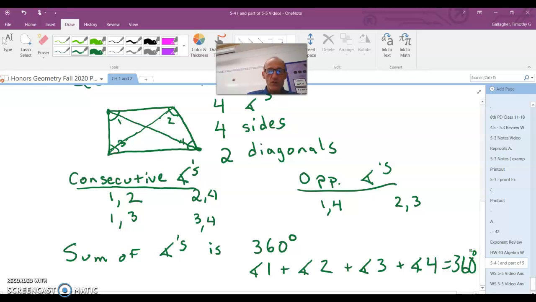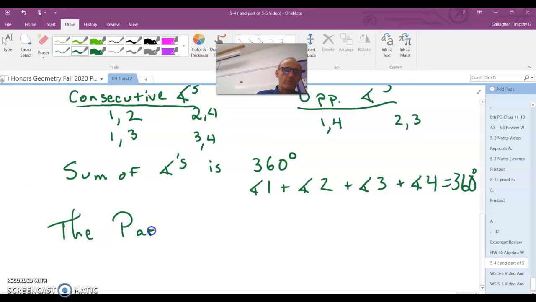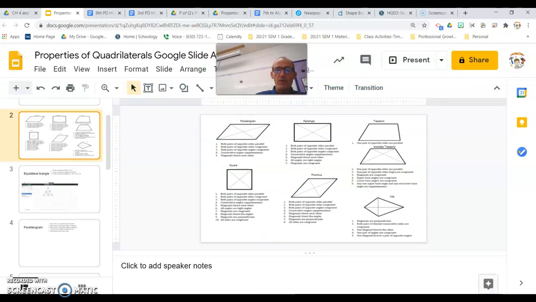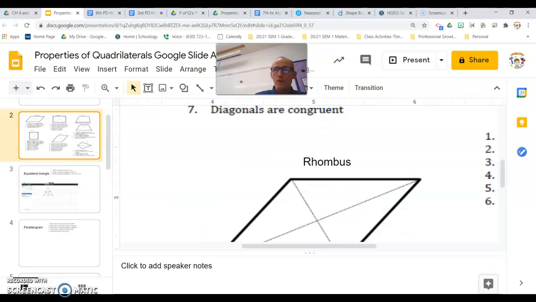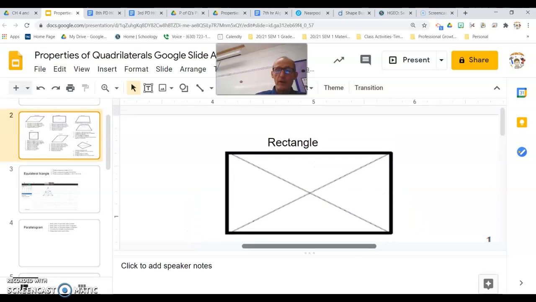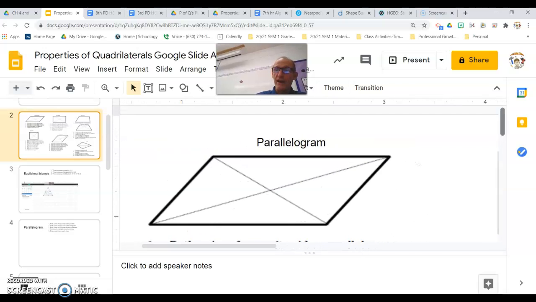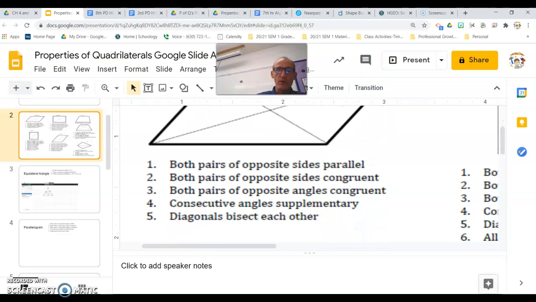The very first quadrilateral we study is the parallelogram. You can see from this particular property sheet that a parallelogram, which looks like that, has these 5 properties that are really important.